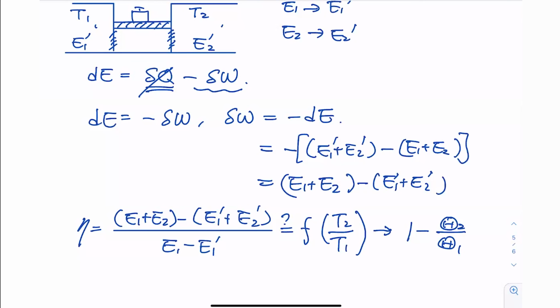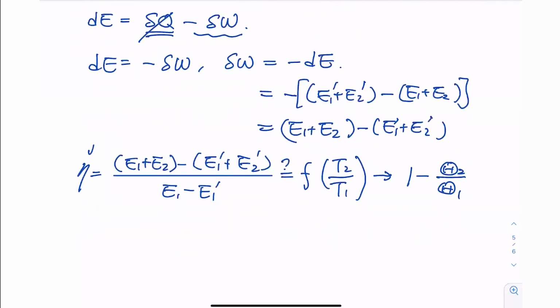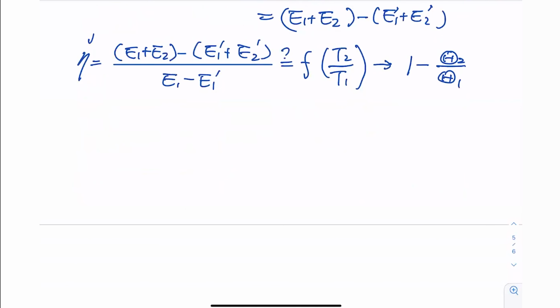But right now we just express the efficiency of this heat engine using this internal energy E. So the next question is how to convert that into the empirical temperature, or this T that we defined previously. So now let's try to write down another expression that is something we know. That is the entropy for our system at the initial stage.